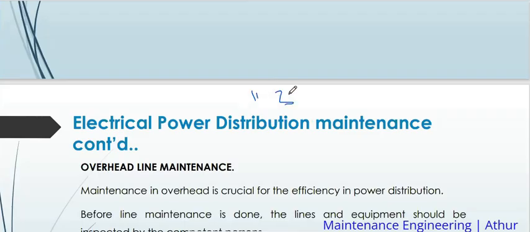But they don't test an HV line of 11 or 33 kV with our phase testers. No. There is a tool called an HV proximity tester. You can write it down and search about it.